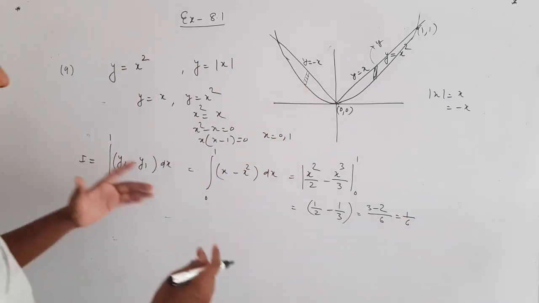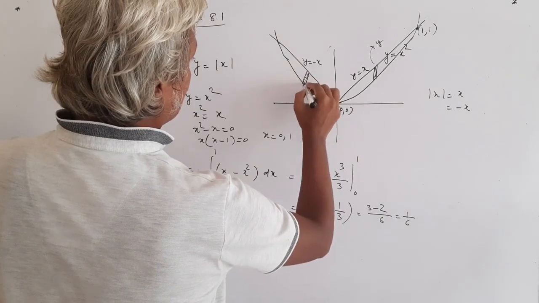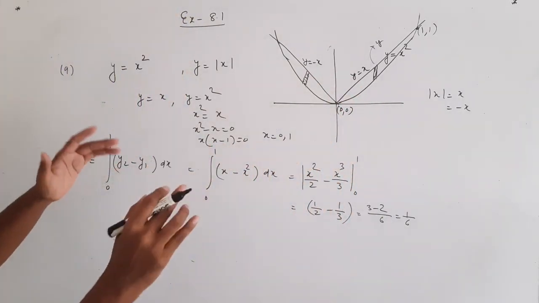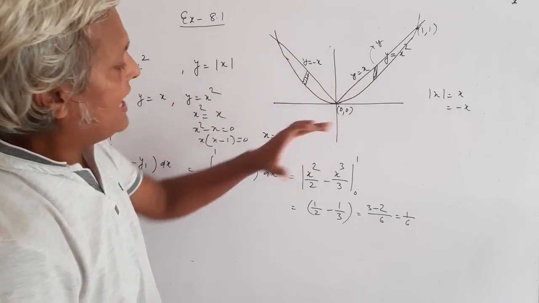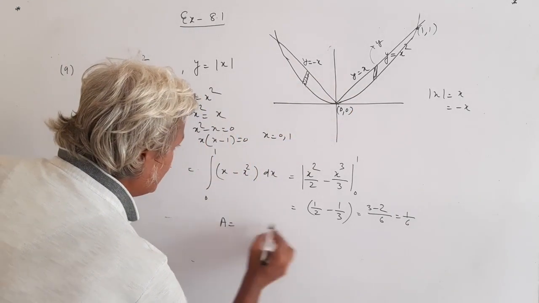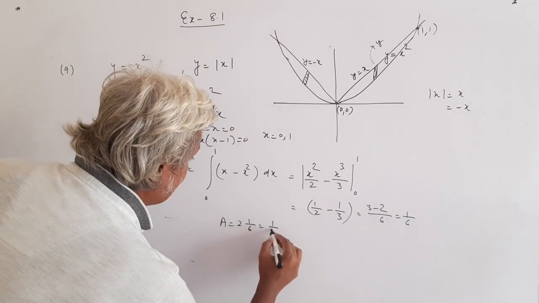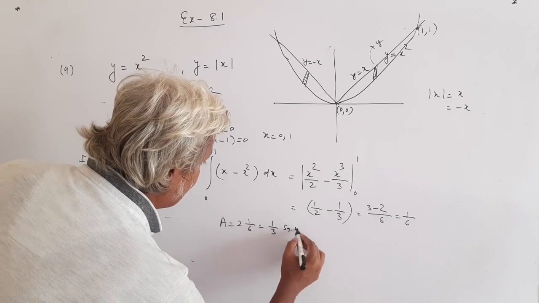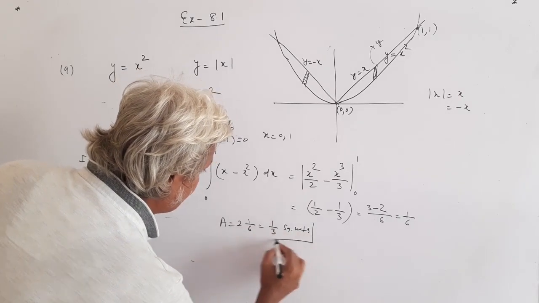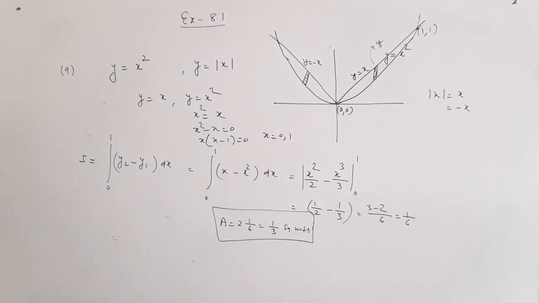But since they have asked us to find the area of these two lobes, this also and this also, and since by symmetry both these parts are identical, your total area A will be double of what we have found. So 2 into 1 by 6, and that is 1 by 3 square units. We always need to write square units because they represent area. This is all for question number 9.